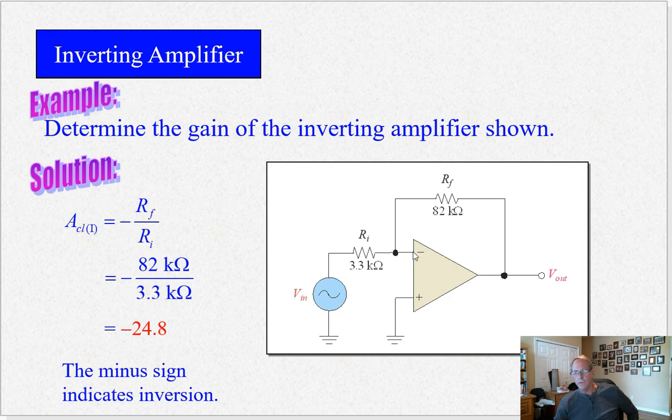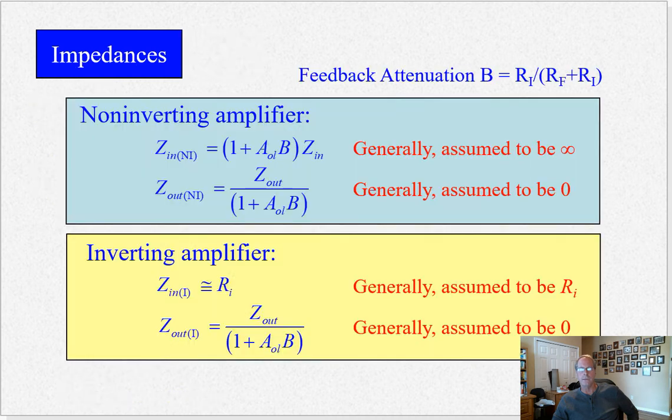And there's no current going into the inverting terminal, because it's infinite input impedance. So you can see then that the input impedance is going to be this resistor connected to ground, virtual ground. So that's why the input impedance is equal to that resistor for the inverting case, right here.